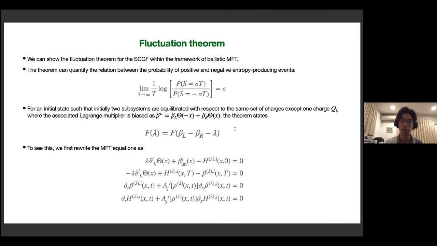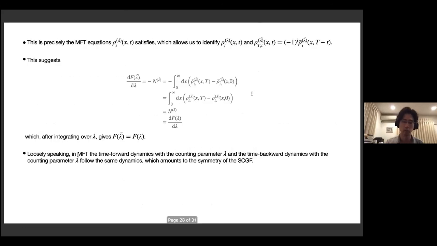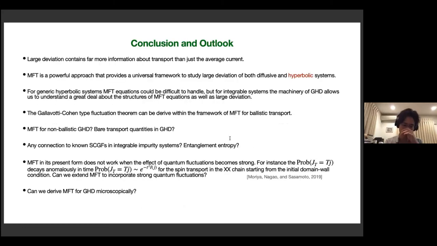The fluctuation theorem can be shown actually within the framework of MFT without invoking integrability, but clearly there is no time, so I'm going to skip all this. So there are some open questions that are stimulated by this discovery. Let me tell you one of them, which is that MFT, in its current form, doesn't seem able to incorporate the effect of quantum fluctuations.